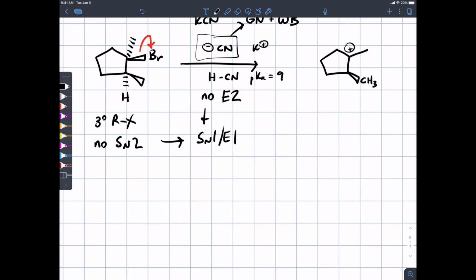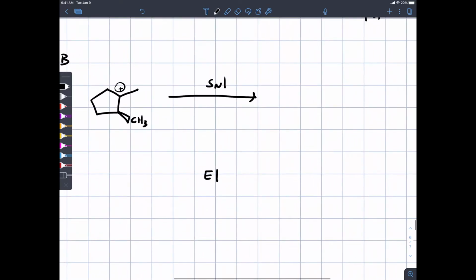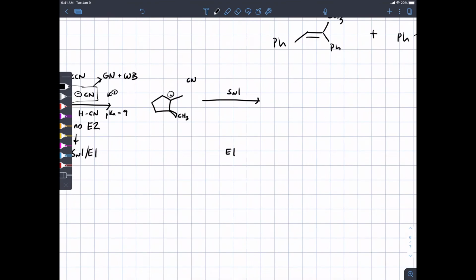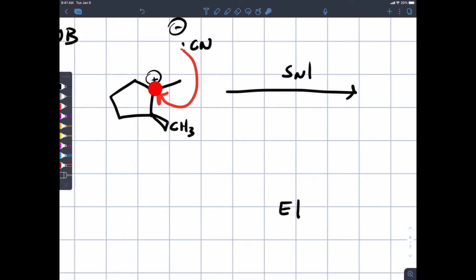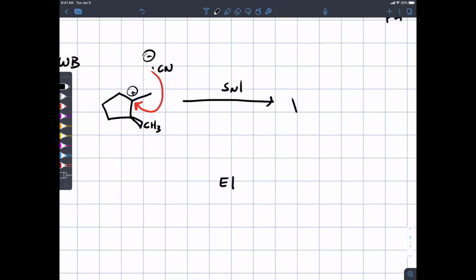Now, if I have a carbocation, I need to think of both SN1 and E1 products. So for the SN1 product, I can have CN minus attack the carbocation, but because I know that carbon is sp2 hybridized, trigonal planar, the CN minus can attack from either side.